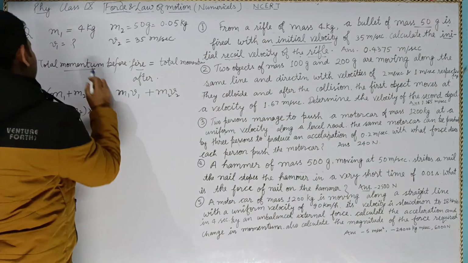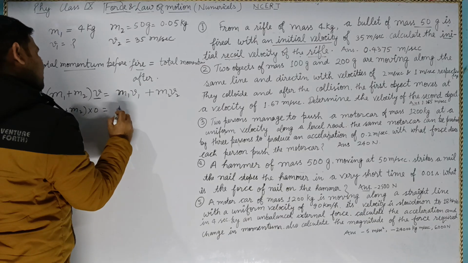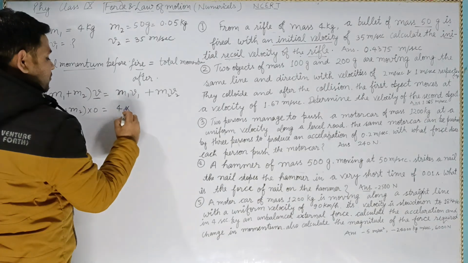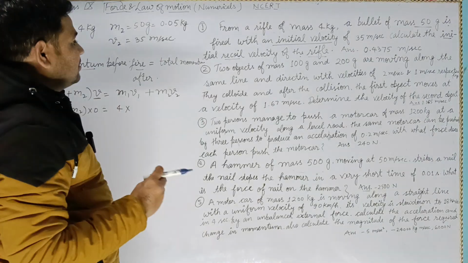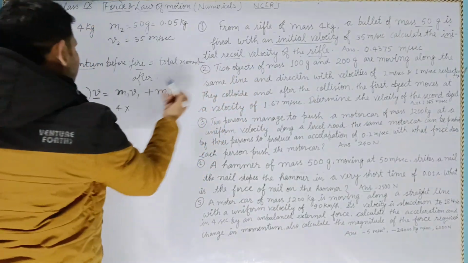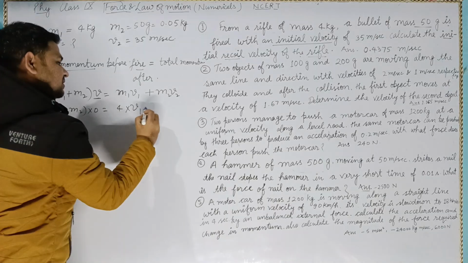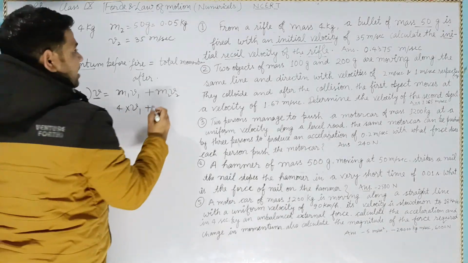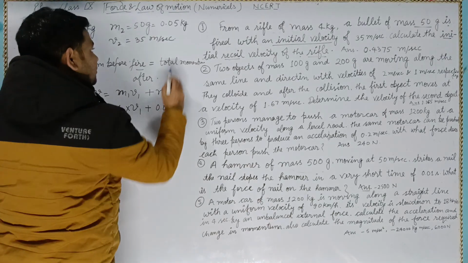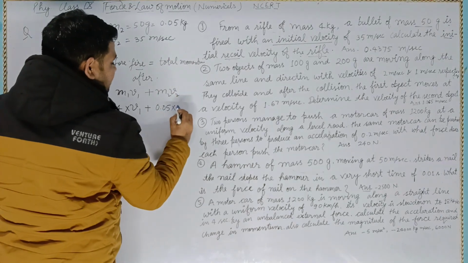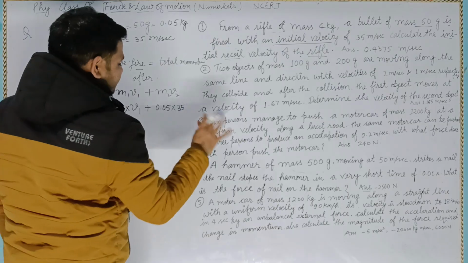M1, the mass of gun, is 4 kilogram into V1, and we have to find the recoil velocity of the rifle V1, plus M2, the mass of bullet, is 0.05 kilogram and V2 is given 35 meter per second.